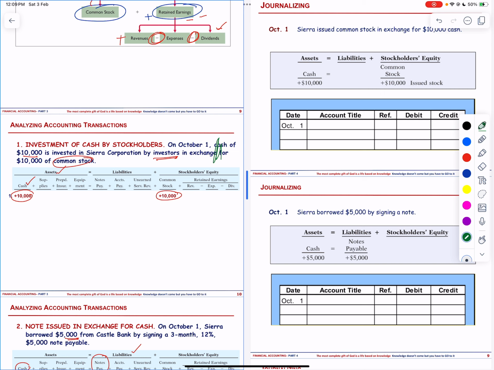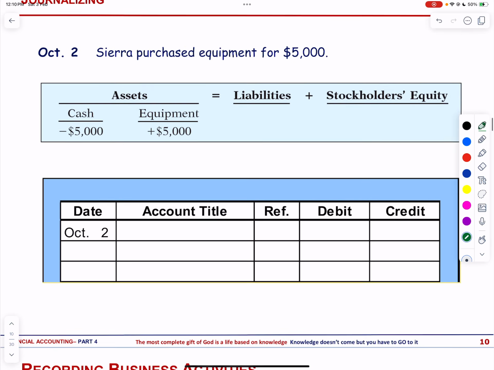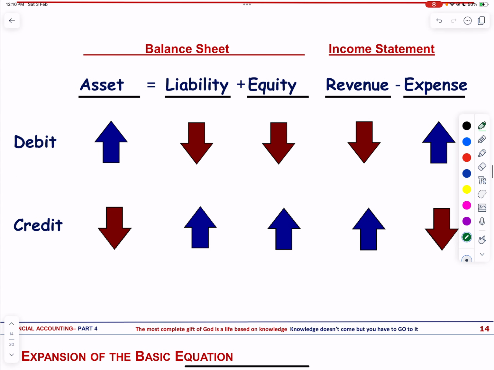And throughout our videos, we are going to use the same set of transactions. So, if you can remember, while analyzing, asset cash was increased by 10,000 and the common stock has increased by 10,000. And I would like to show you this rule, and this is going to help you in the whole process.